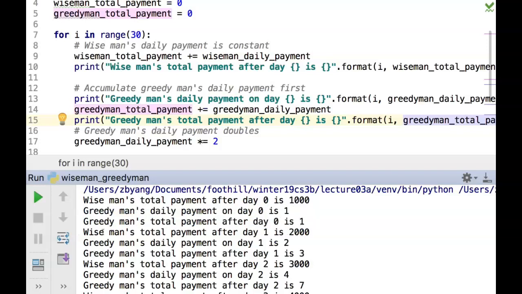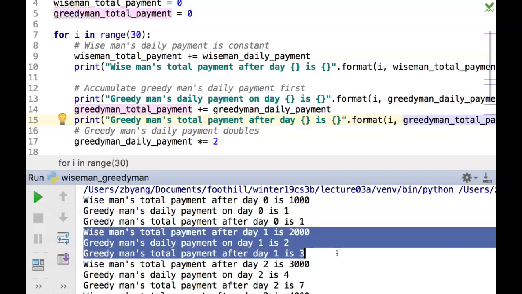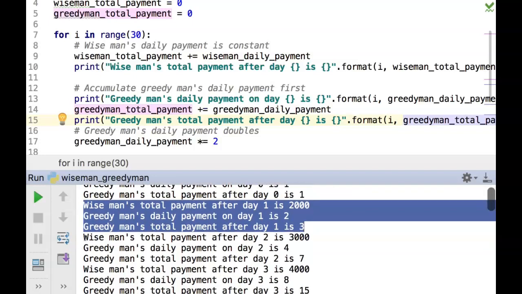And on the second day, the wise man's total payment is $2,000. It's two $1,000 payments. The daily payment is 2, which is double what it was the day before. And then the total so far is 2 plus 1, which is 3. So we're good so far.